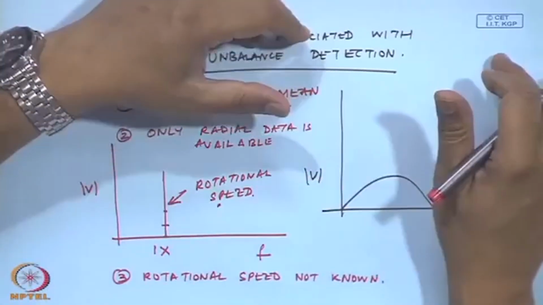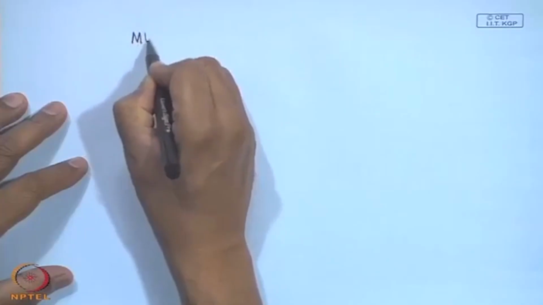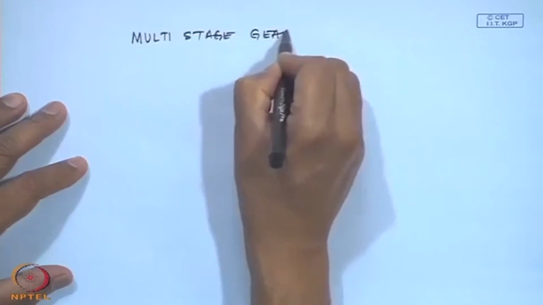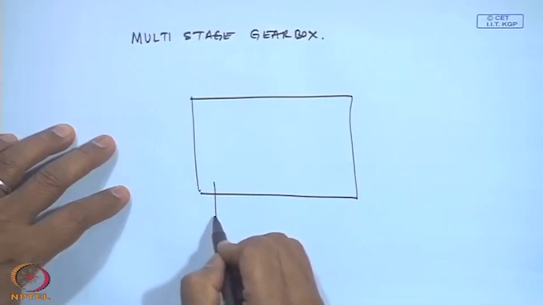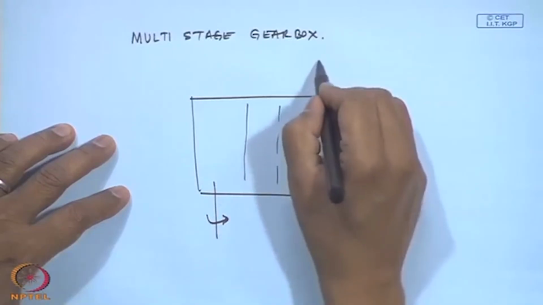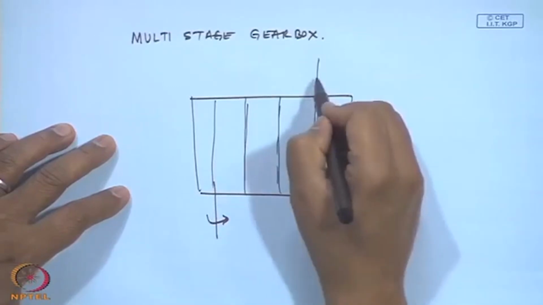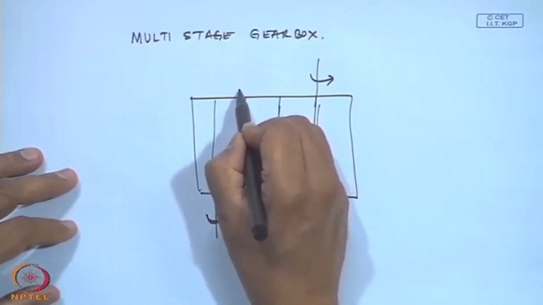For a simple rotor system, wherein we can measure the rotational speed of the shaft, it is not a problem, but think of a multi-stage gearbox, wherein I have an input shaft, and of course, there are a lot of intermediate shafts, and I have bearings at every location.